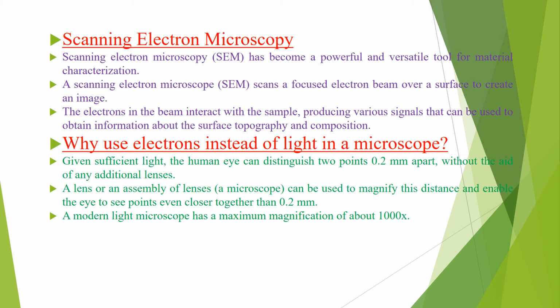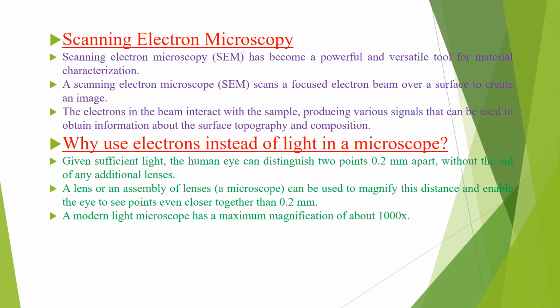So here we are going to look at why we use electrons instead of light in a microscope. Given sufficient light, the human eye can distinguish points 0.2 millimeters apart without the aid of an additional lens. This distance is called the resolving power or resolution of the eye.